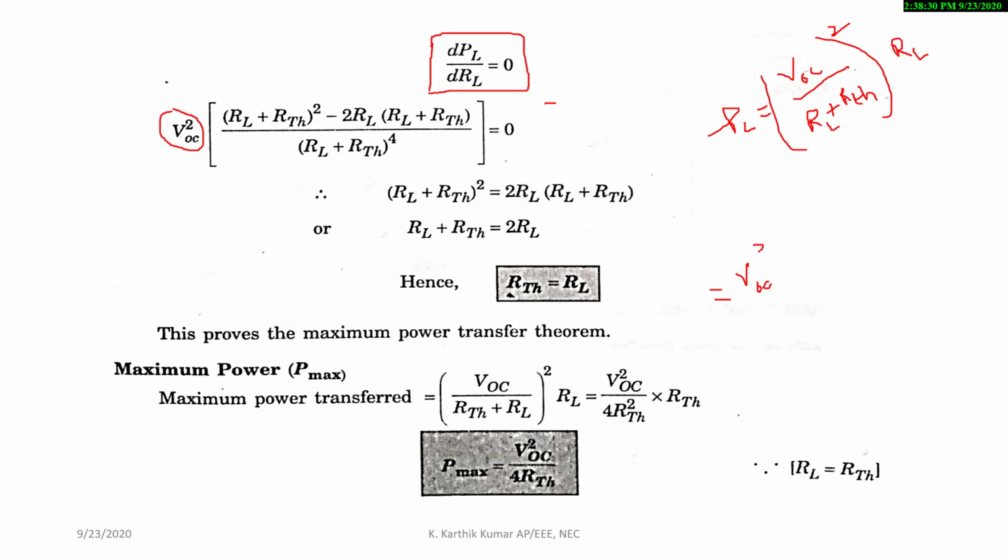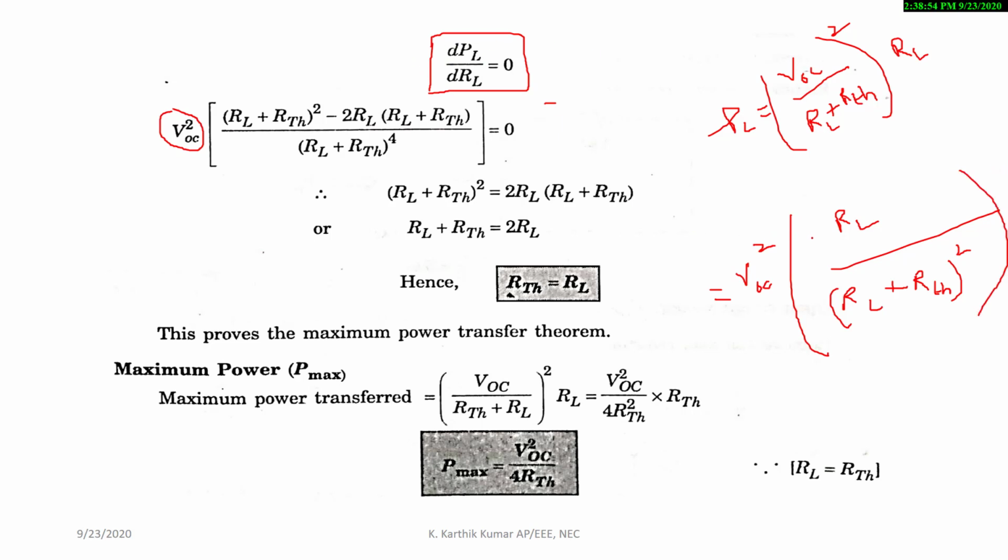We have assumed that VOC is constant, and the remaining terms will be written like this: RL divided by (RL plus RTH) the whole square. We have to apply differentiation because we are considering the power is maximum.